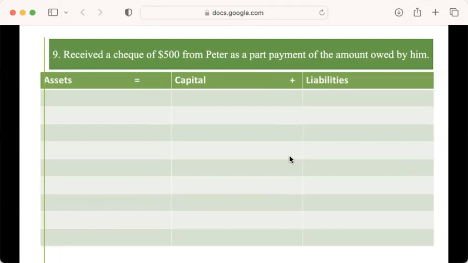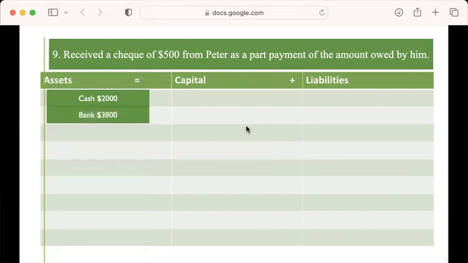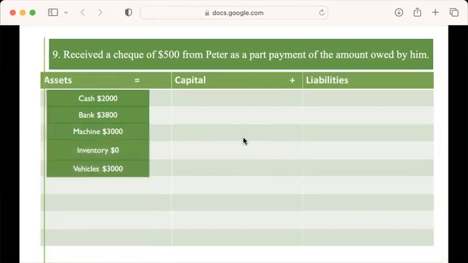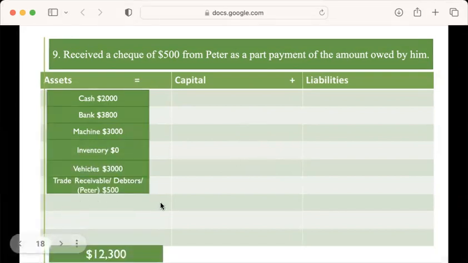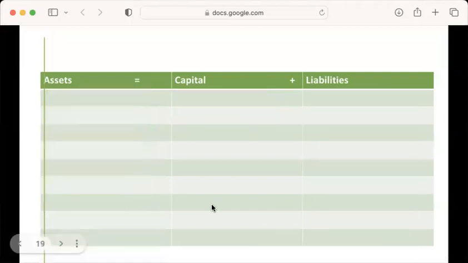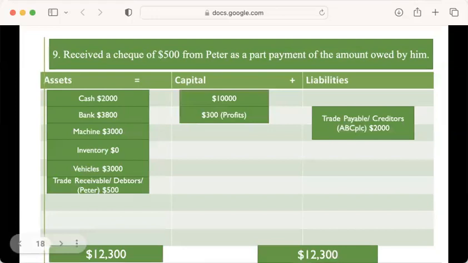And earlier we said Peter is an asset for us. He owes us 1,000. But now since he pays 500, he only owes us 500. So cash at bank increases by 500 and becomes 3,800, and debtors or trade receivables becomes 500 where it used to be 1,000 before. Since both the increase and decrease are on the asset side, there's no difference in the total there. Total remains the same.